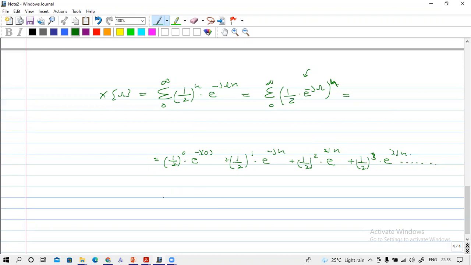So you can see that this is 1, and this is half e^(jn) plus 1 by 4 e^(2jn) minus 1 by 8 e^(-3jn), and so on.